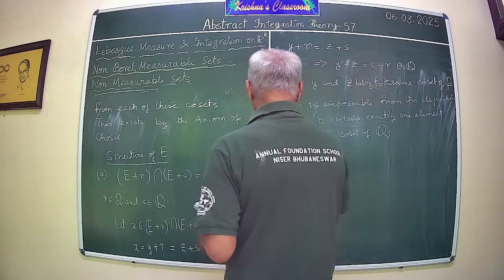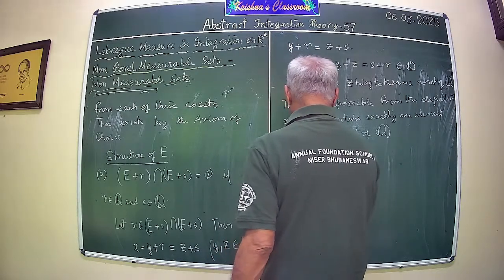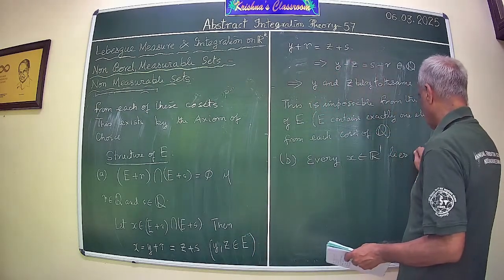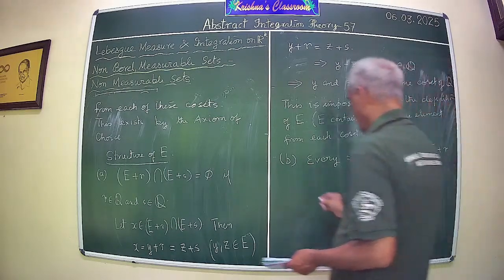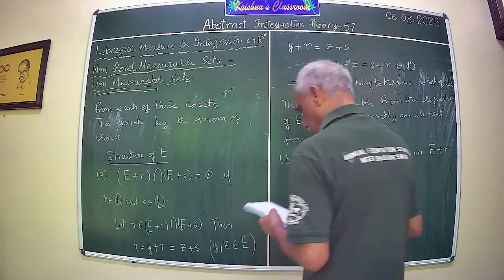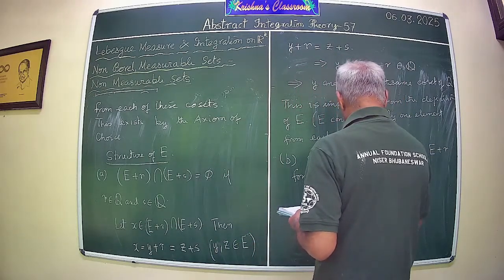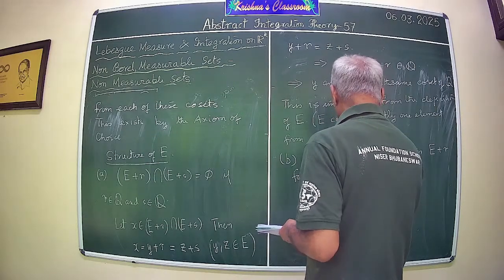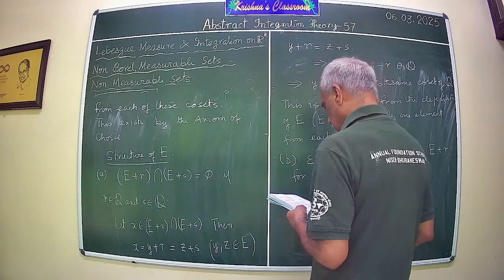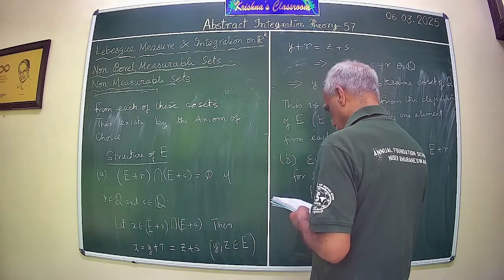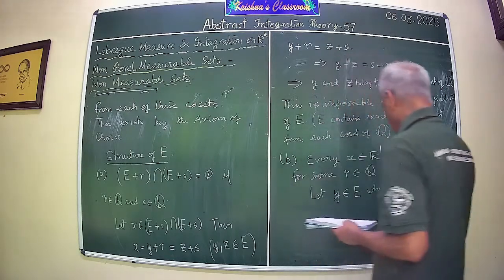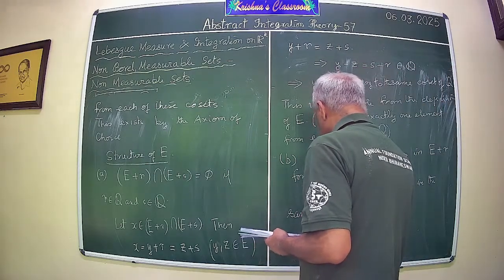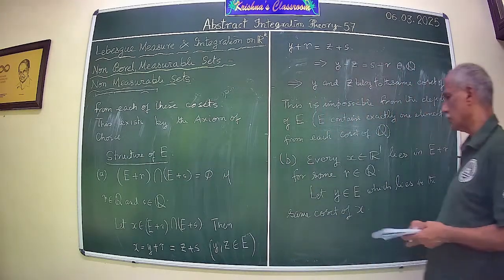The second observation is that every x in R1 belongs to E plus r for some r in Q. So let y be the element of E in the same coset of x.